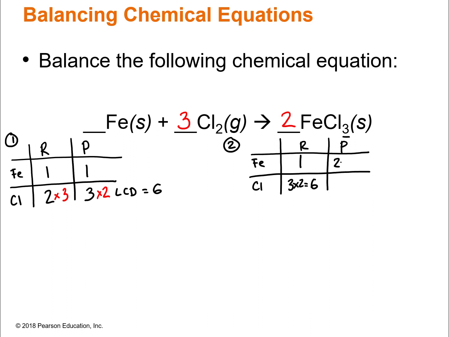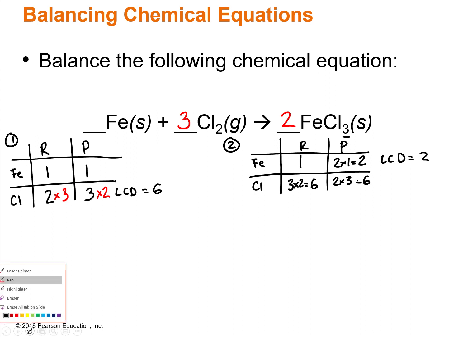So now we've got 2 times 1, which gives us 2 iron atoms, and 2 times 3, which gives us 6 chlorine atoms. So the chlorine is balanced. The iron is not. We need the lowest common denominator for 1 and 2. That's going to be 2.